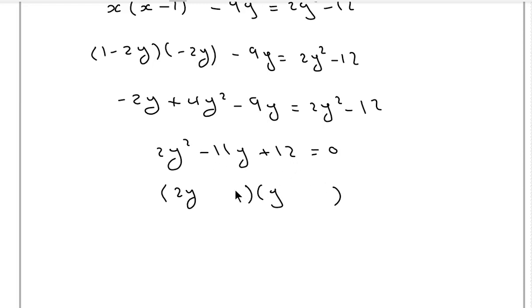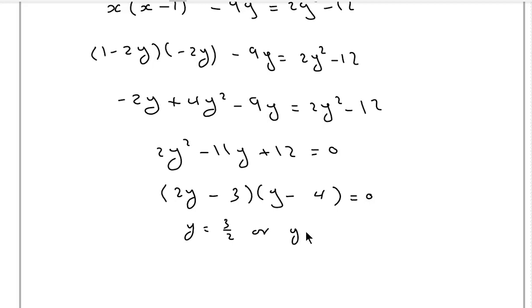You can't put the 4 with the 2y because there will be a common factor between 2 and 4, so maybe here. Both signs are negative, 4 here and 3 here. It works: negative 3y, negative 8y, negative 11y. Equals 0, so that either y equals 3 over 2, or y equals 4.